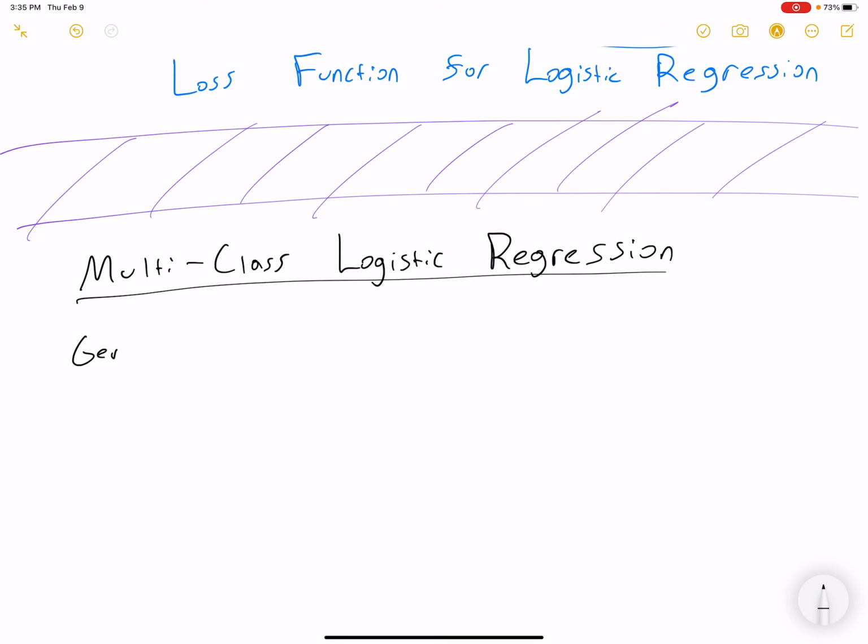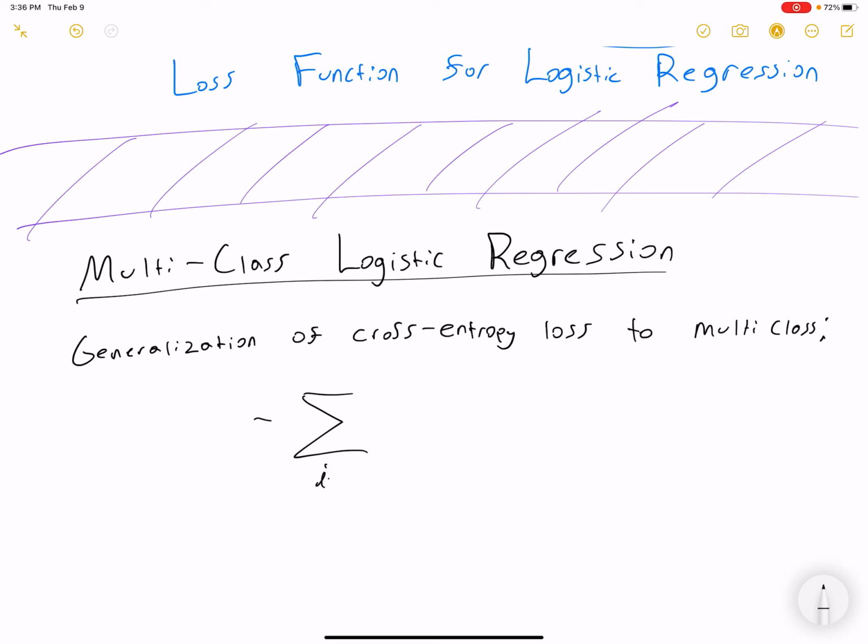So the generalization of cross entropy loss to multi-class classification is basically a summation up to the number of classes of yi times log of yi hat, where C equals the number of classes.